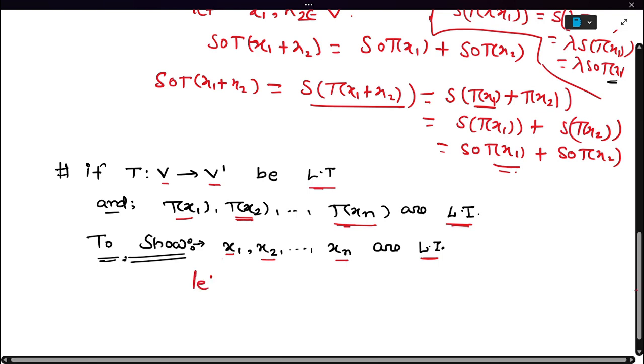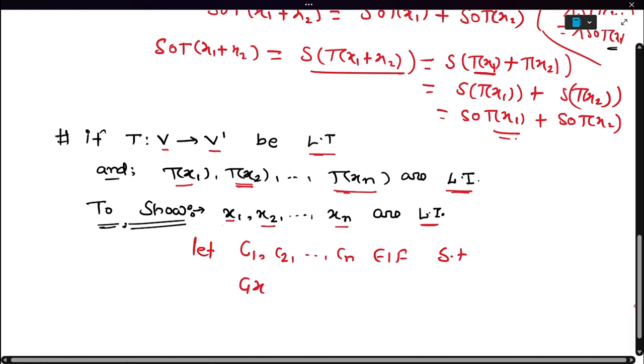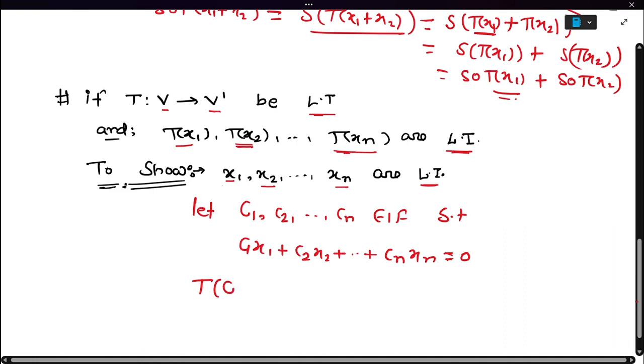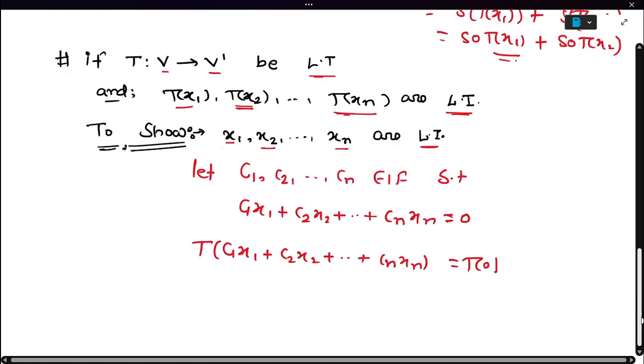So let c1, c2, dot, cn belong to the field such that c1 x1 plus c2 x2 plus dot cn xn equals 0. Taking T on both sides, we get T of c1 x1 plus c2 x2 plus dot cn xn equals T of 0.